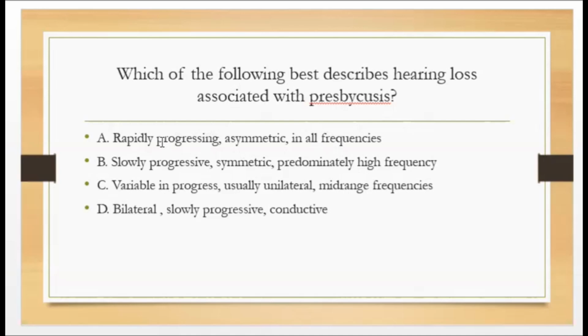So this is the way you can throw off the wrong answers. It's not rapid. It happens slowly in the elderly. Once I see rapidly, this one is out. Once I see asymmetrical, this one is out. It doesn't happen only in one ear. It happens in both ears, both sides.